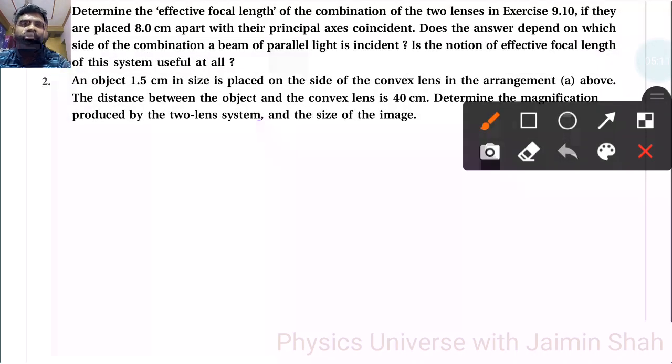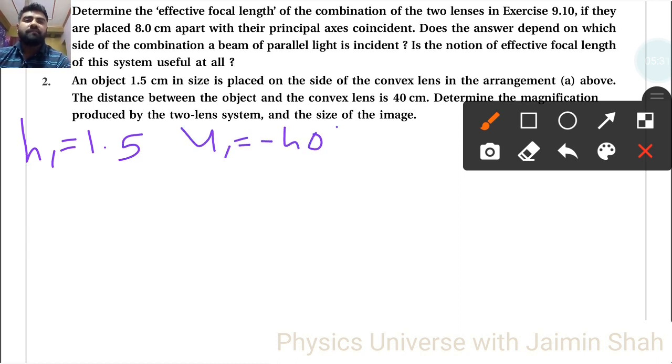Now the second question: an object 1.5 centimeter in size is placed on the side of the convex lens in arrangement A above. The distance between the object and the convex lens is 40 centimeter. Determine the magnification produced by the two lens system and the size of the image. So here h1 is given 1.5, u1 is equal to minus 40 centimeter.